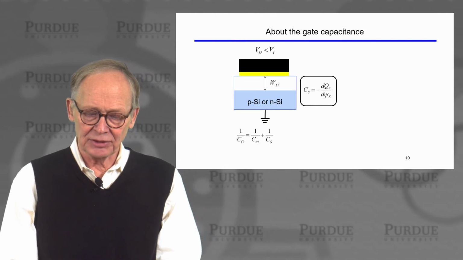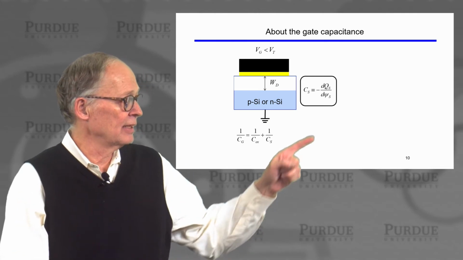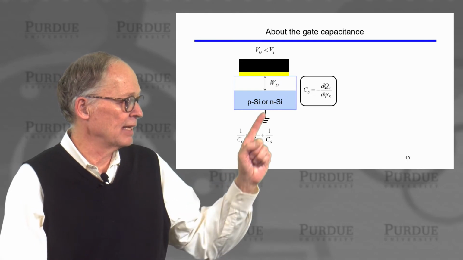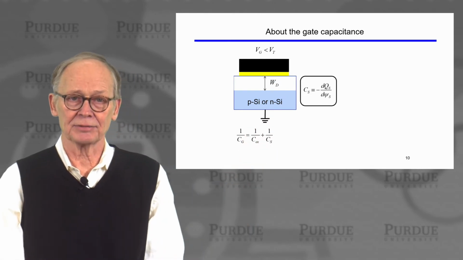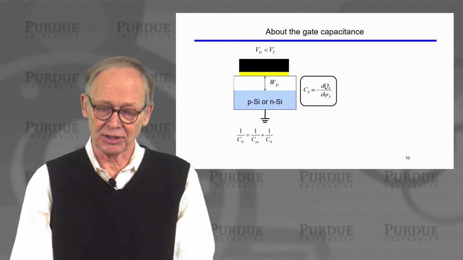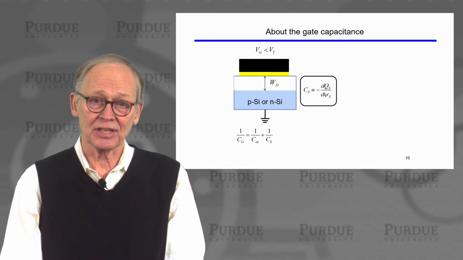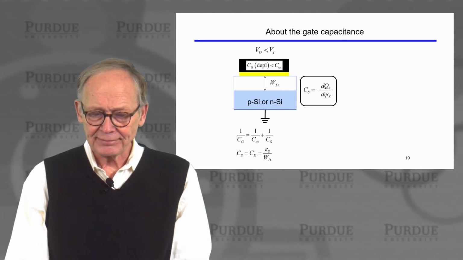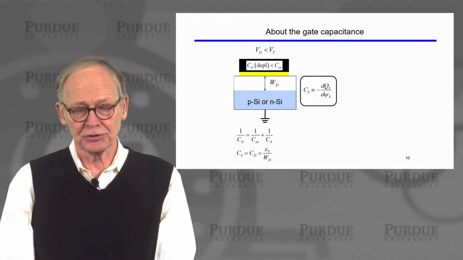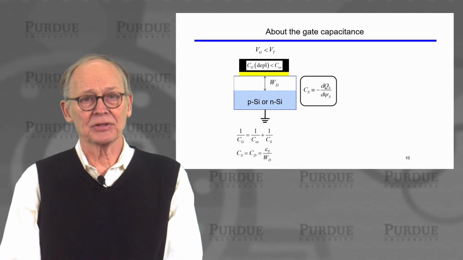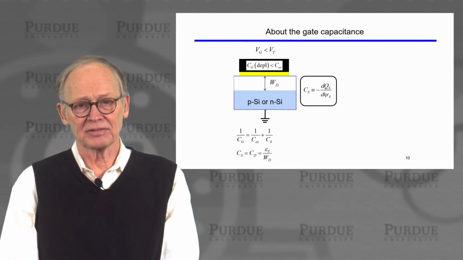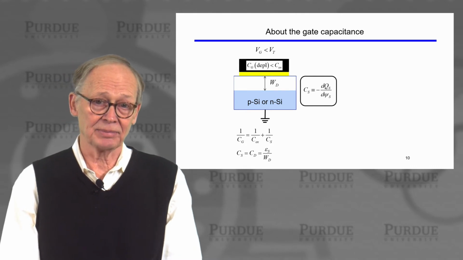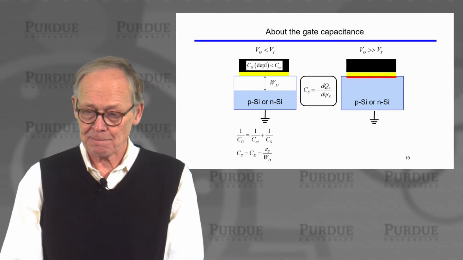So we have a total capacitance that is the sum of two capacitors, in series. The first due to the oxide and the second due to the depletion layer in the semiconductor. That's C sub S, the semiconductor capacitance. Okay, so under depletion conditions, the capacitance that we measure on the gate is significantly smaller than the oxide capacitor because of this second capacitor in series with it.